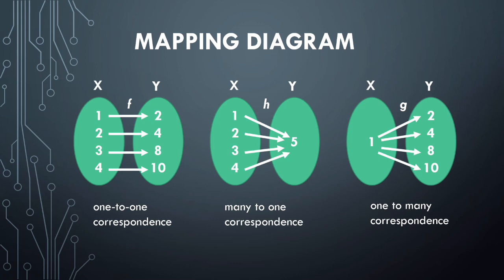This is an example of one-to-many correspondence. We are going to determine for each diagram if it is a function or not a function. The first diagram, relation F: is it a function or not? Yes, it is a function.